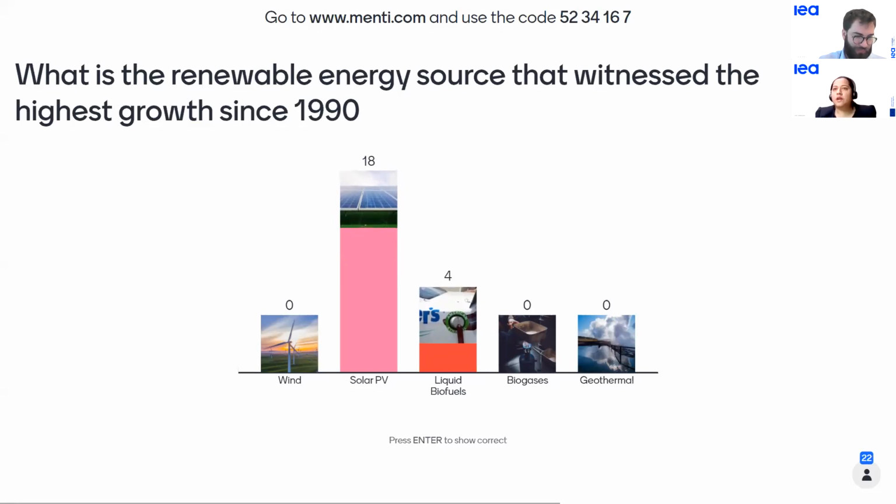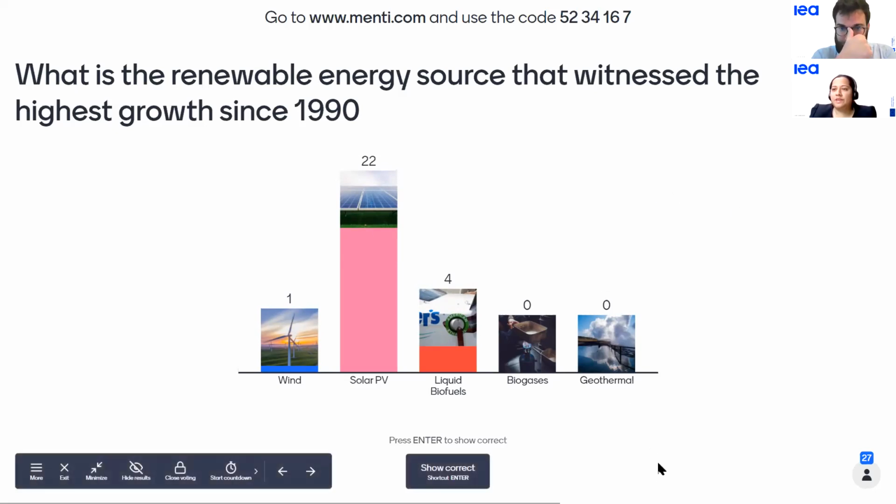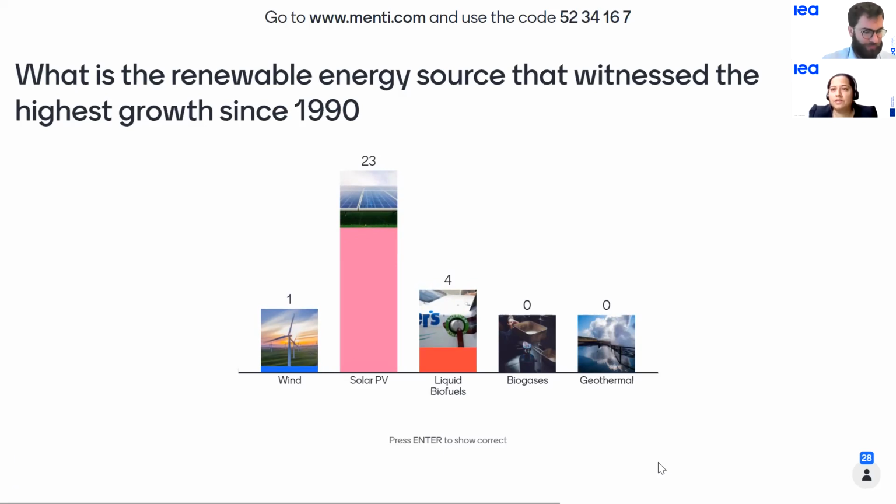We have answers coming in. Most of you think that it is solar PV, and let's see the right answer. It's indeed solar PV, the renewable energy source that witnessed the highest growth since 1990.